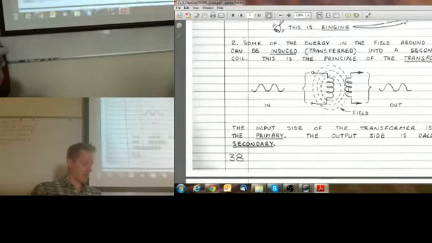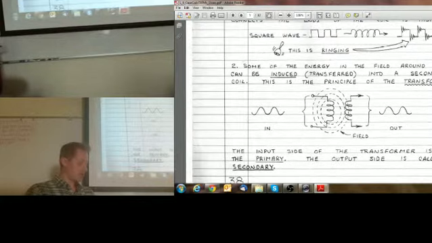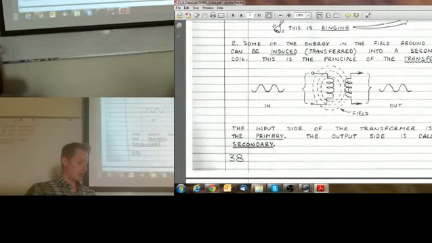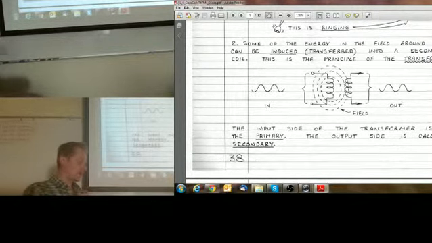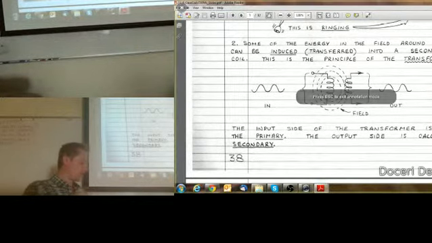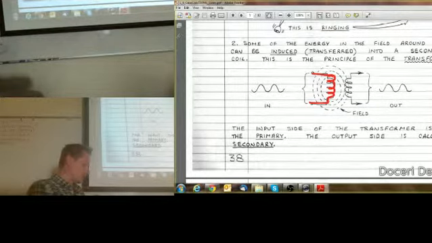Now, if we put a second coil, let's say that we have a coil with a magnetic field going through that coil. Let's assume that instead of putting a steady voltage across that coil, we put a sine wave across that coil.